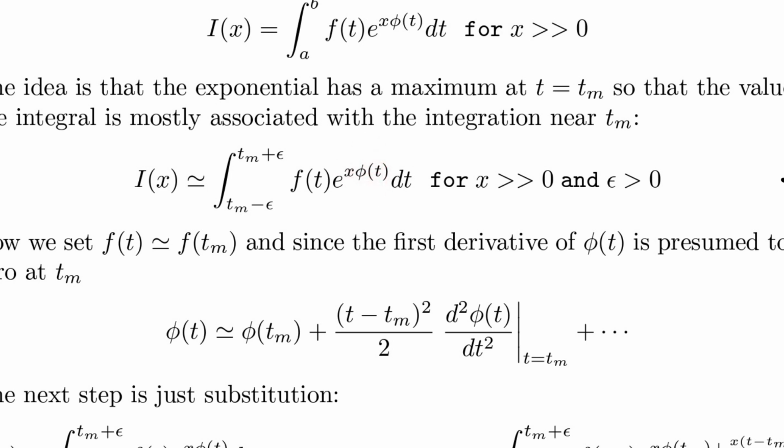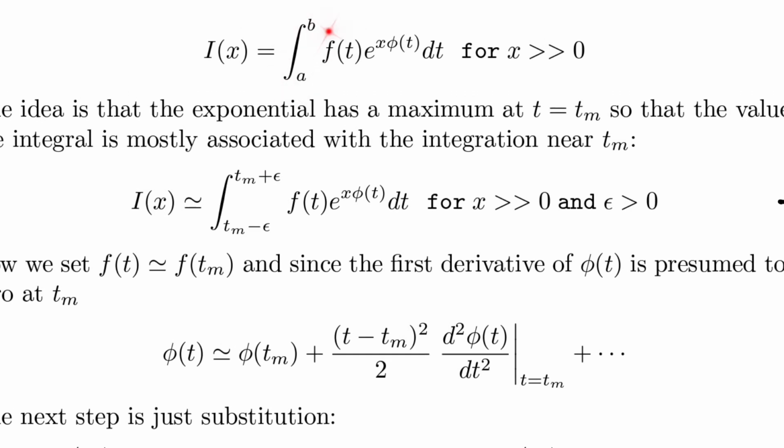Wherever t sub m is, it's going to turn out that for large values of x, the entire definite integral on the interval a to b can really be cut down to just this little part, plus and minus epsilon around this one point of maximum of this function psi.